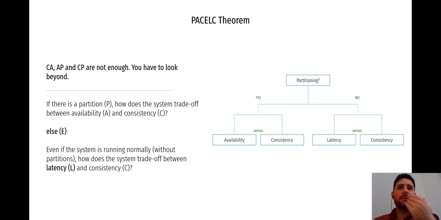The PACELC theorem states that CA, AP, and CP systems or concepts are not enough. You have to look beyond them. So as you can see here in this diagram, if there is a partition, how does the system trade off between availability and consistency? It's not just about CA, AP, and CP concepts themselves in the CAP theorem.